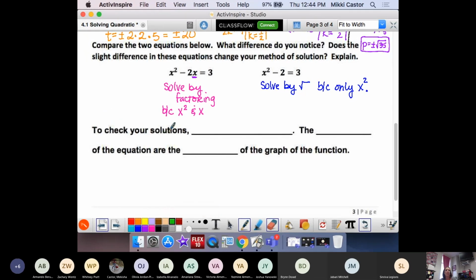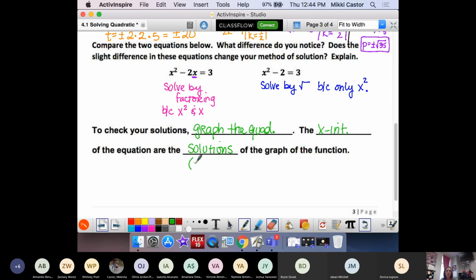So the last thing to check your solutions, graph the quadratic. All right, the x-intercepts of the equation are the solutions.